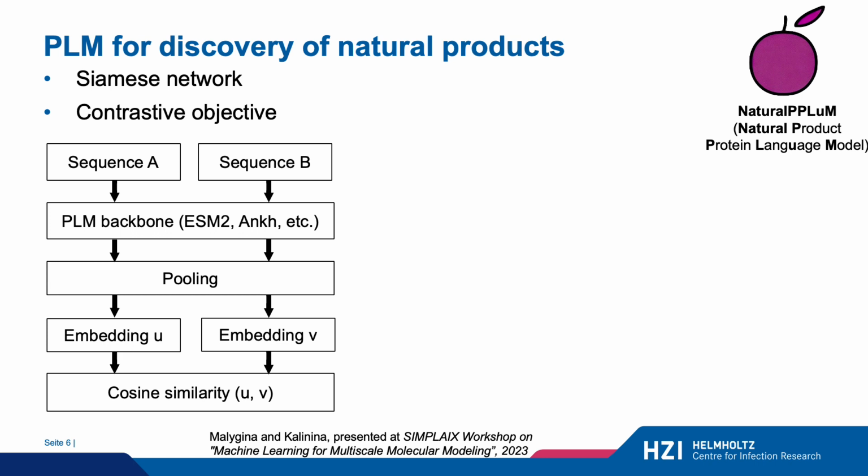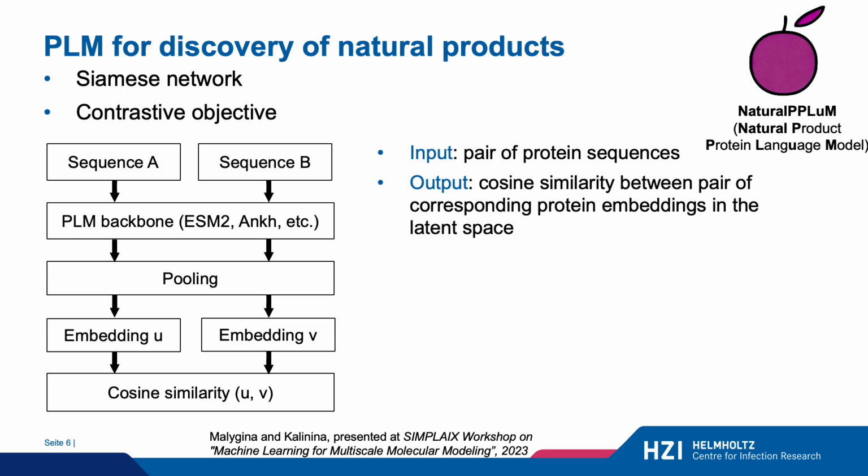For our dataset of 2,000 BGCs, we'll use a protein language model as a backbone of a Siamese network. The scheme of the typical Siamese network is shown on the slide. Our input is a pair of protein sequences corresponding to a pair of BGCs. The network computes a pair of embeddings for these two sequences and computes cosine similarity between them. We can fine-tune the network to morph the embedding space to make the cosine similarity between embeddings close to some user-defined metric.